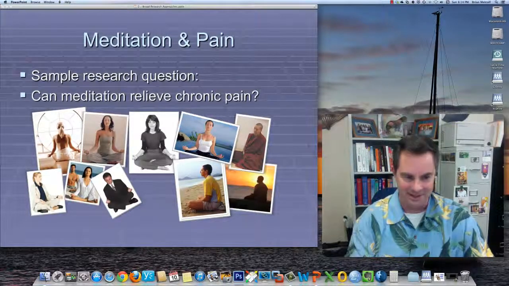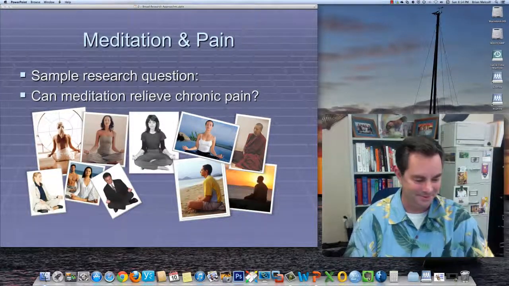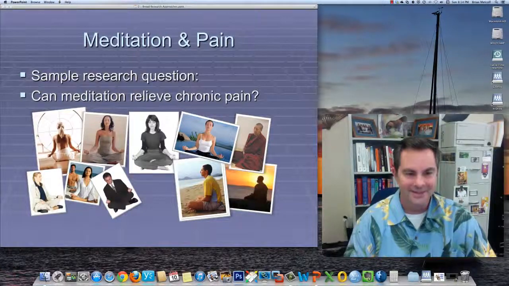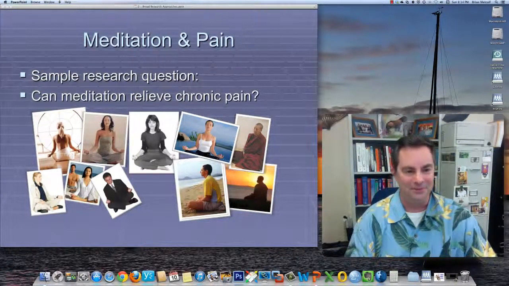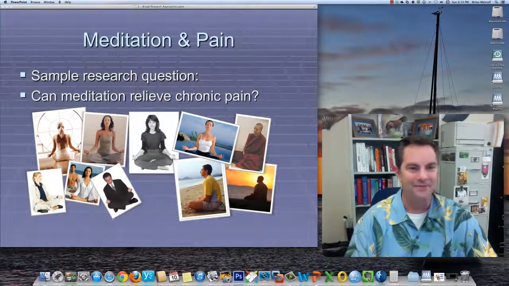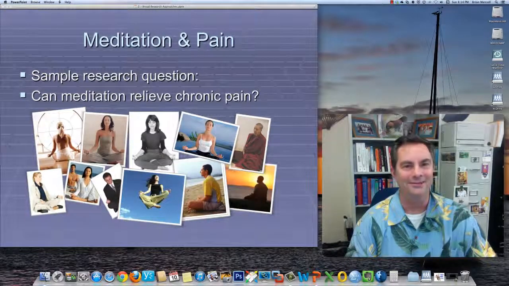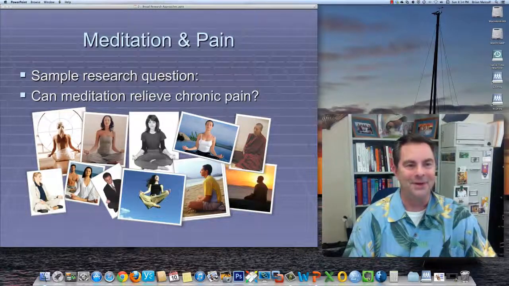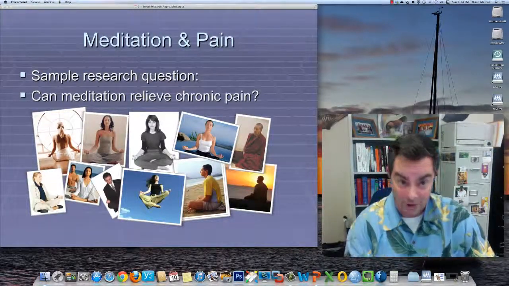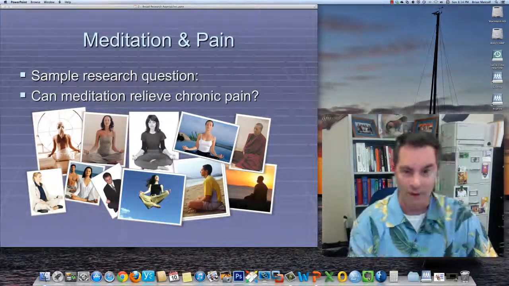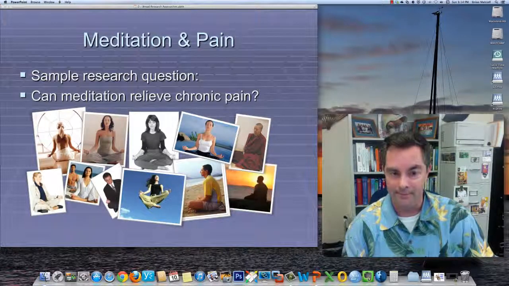Apparently you must sit like this with your fingers touching, and apparently this is how you must meditate. And if you get really good at it, you might be able to float. Okay, so this sounds like a simple question: does meditation help people in pain?